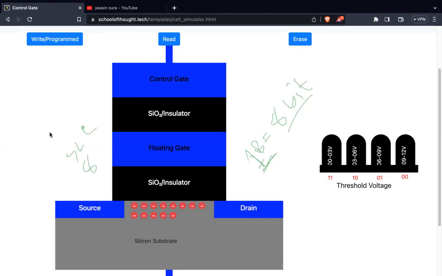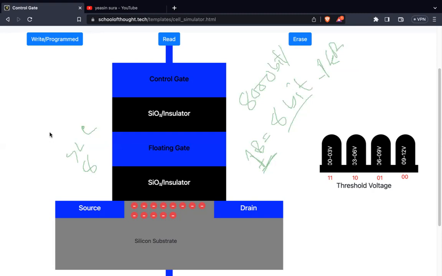So we can say we need 8,000 bits or transistors to make 1 kilobyte of information.